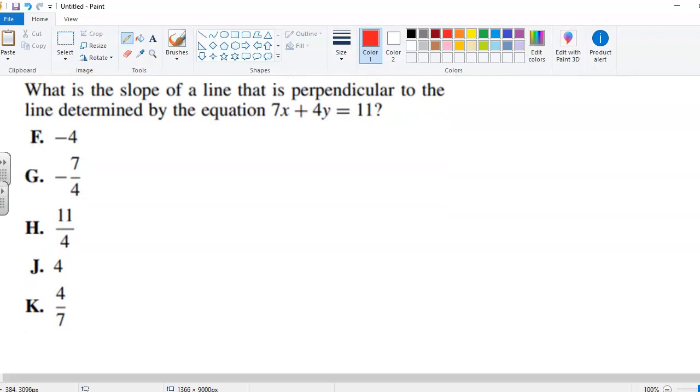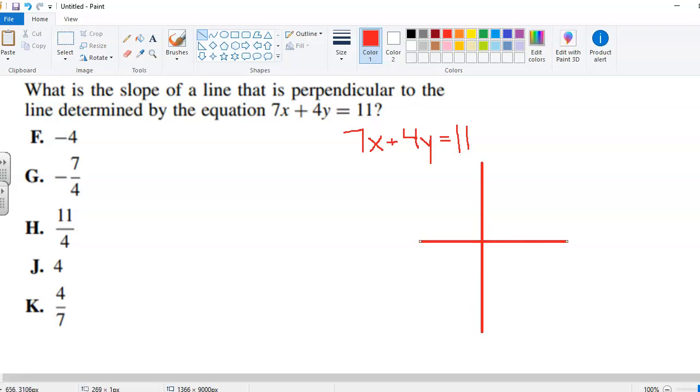Now, I'm not going to put Desmos up on my screen right now, but I am going to tell you, if you were to graph this line, and this surprises a lot of kids, even my most advanced students don't realize this right off the bat, this line actually has a negative slope.